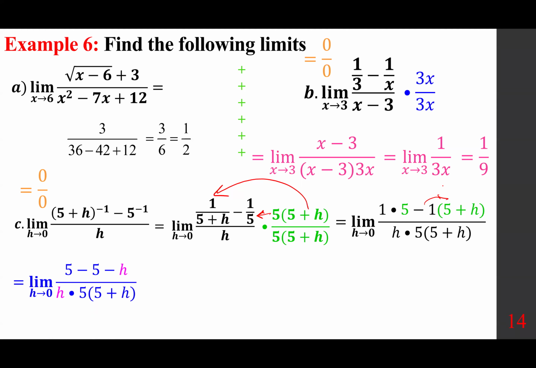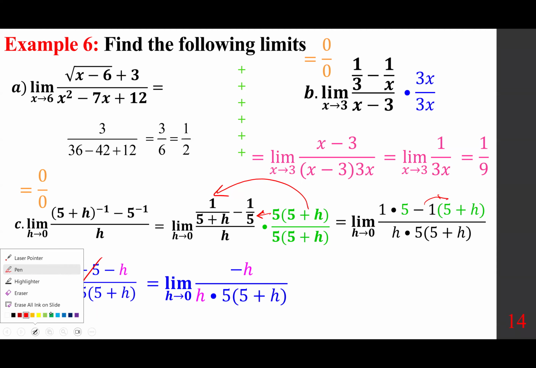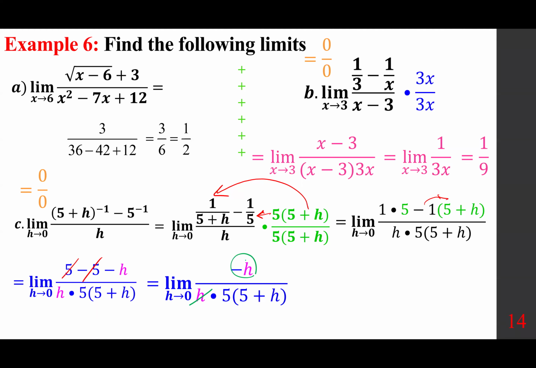We notice these two cancel each other. We notice this goes away and this is minus 1. And now if I replace h with 0, the bottom is 5 times 5.